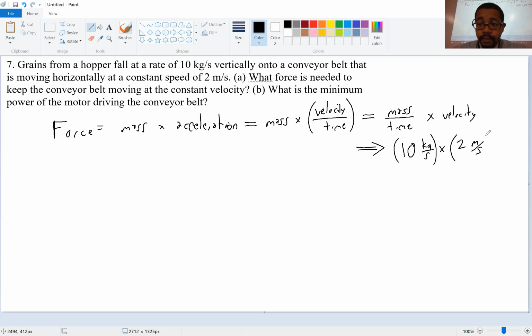That's going to give you a force, which it should. And so that's going to be 20, I'll just write it out here, kilogram meters over second squared, which is equal to 20 newtons. And that's what he has here.